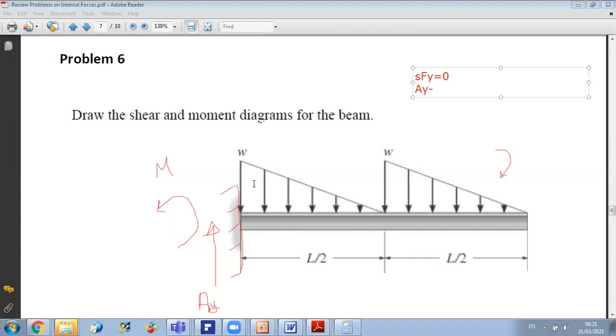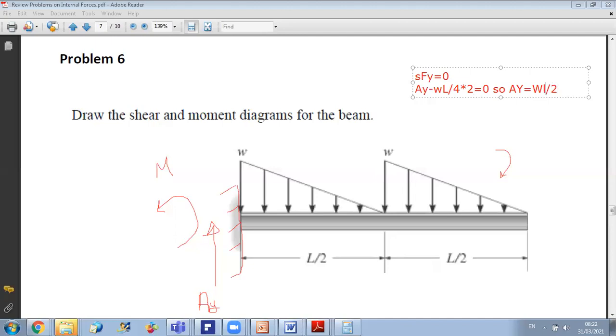So the force is equal to the area of the triangle, W times L over 2 over 2. So it's WL over 4. And also for the second triangle, it's the same dimension. So I can say times 2 equals 0. So AY is equal to omega L over 2.